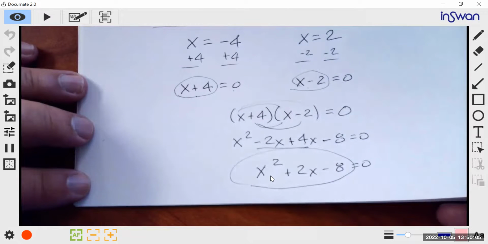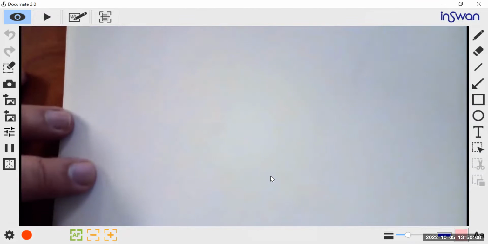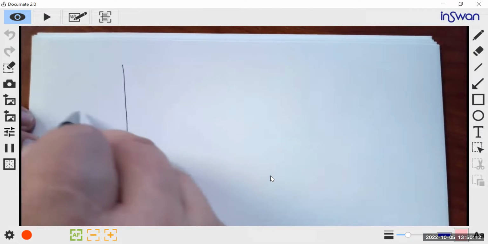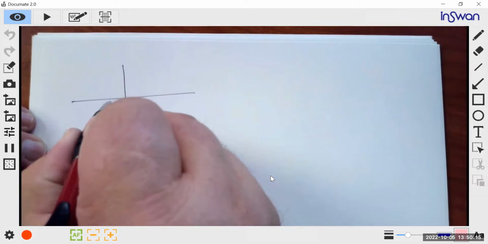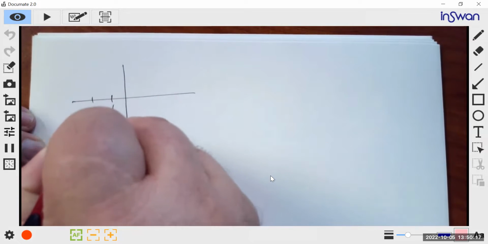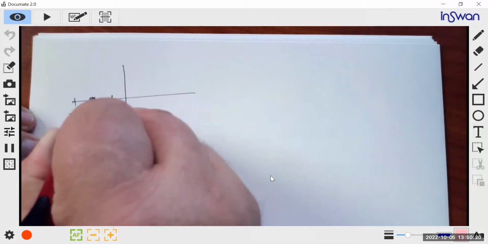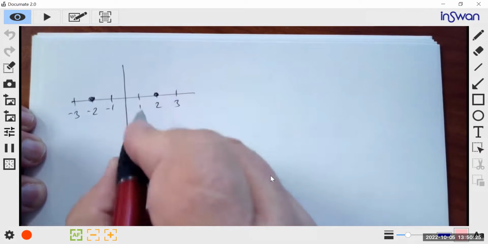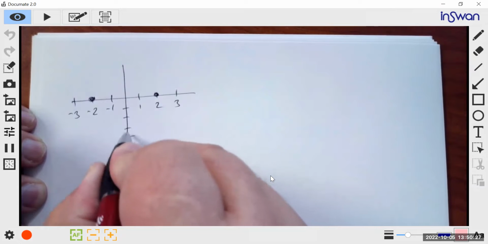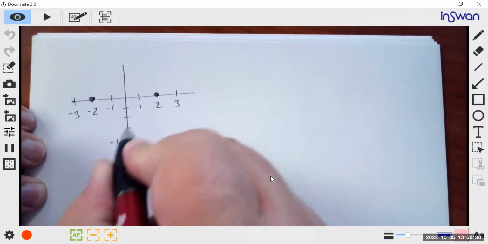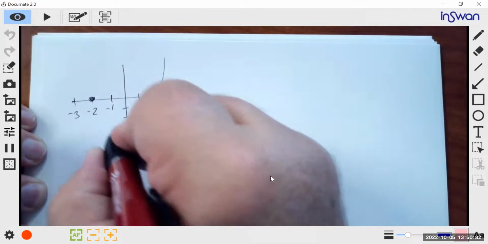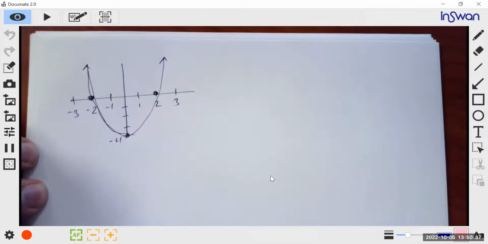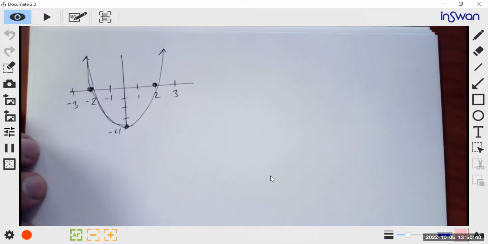Let's do another one. Here are the x-intercepts. Find me the function of that graph.